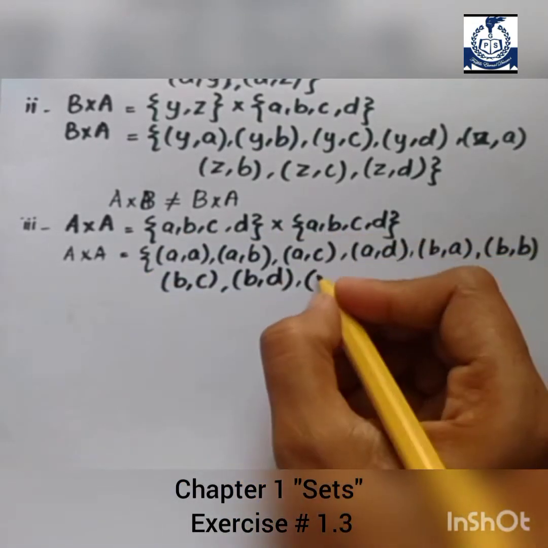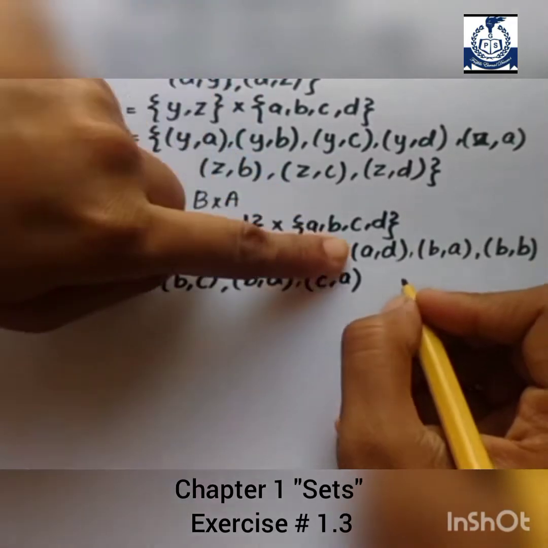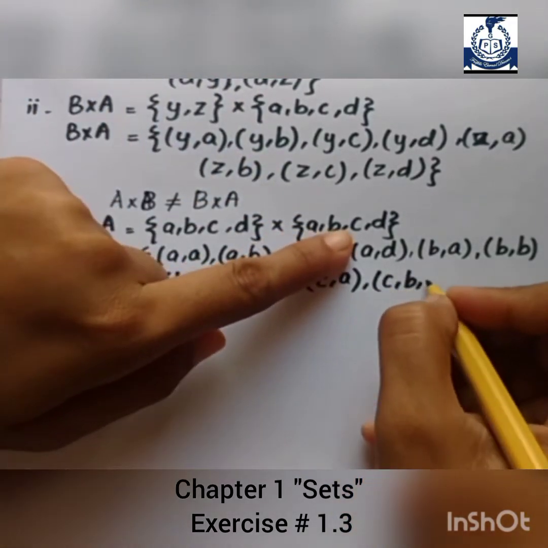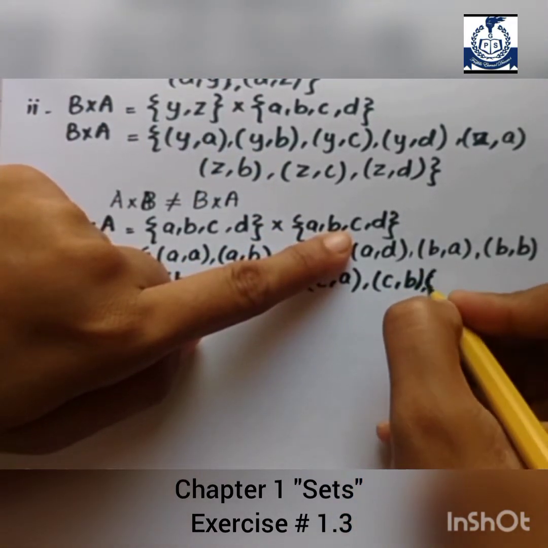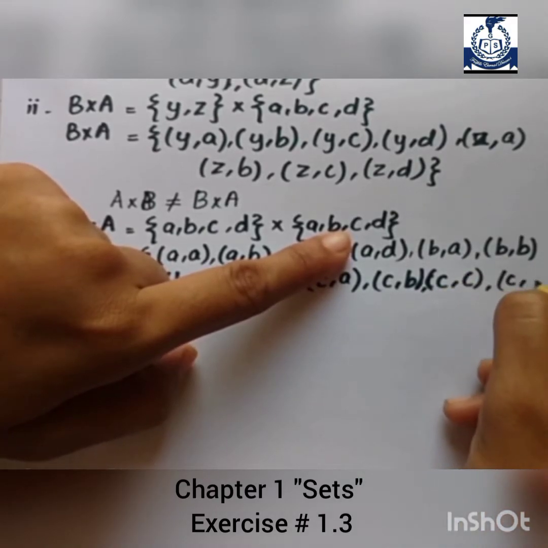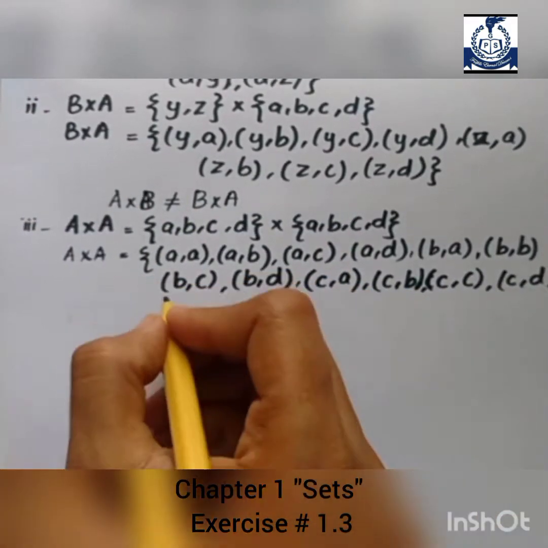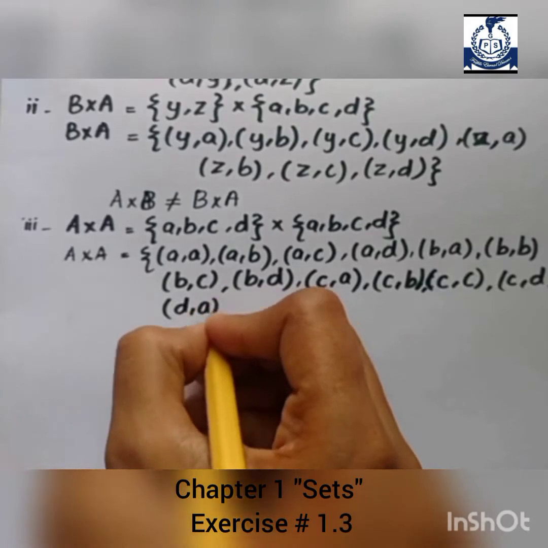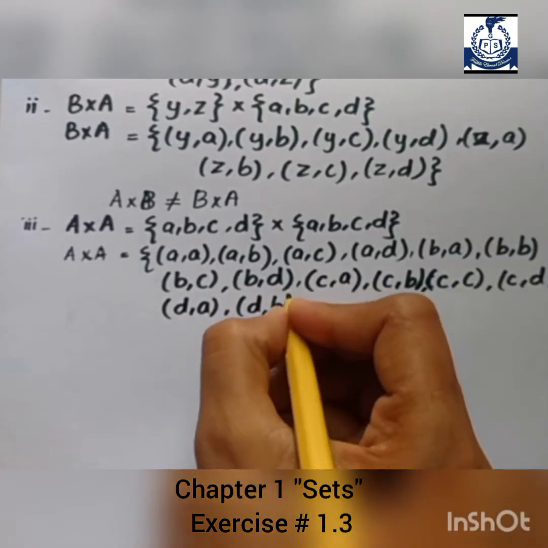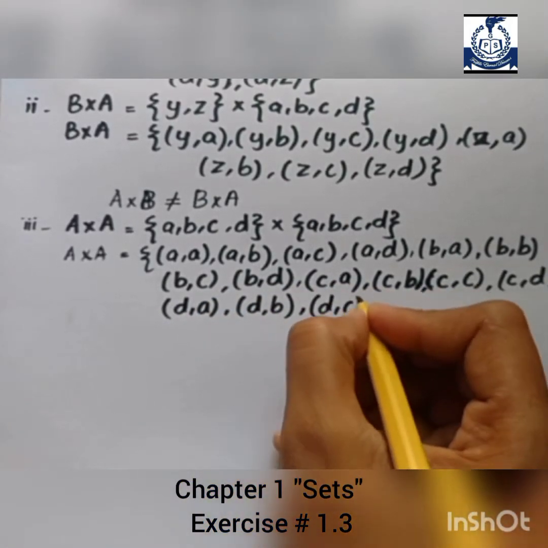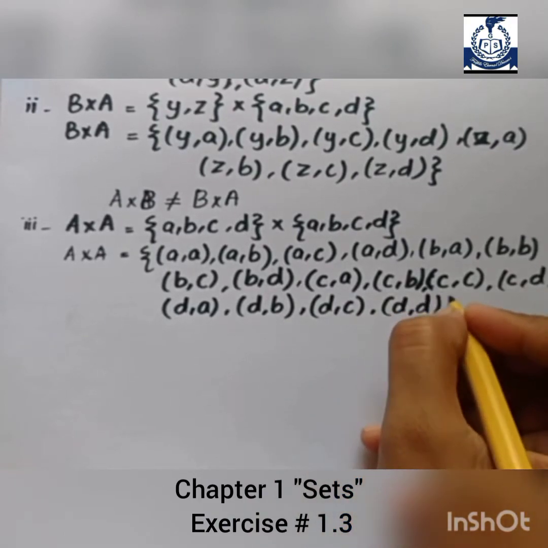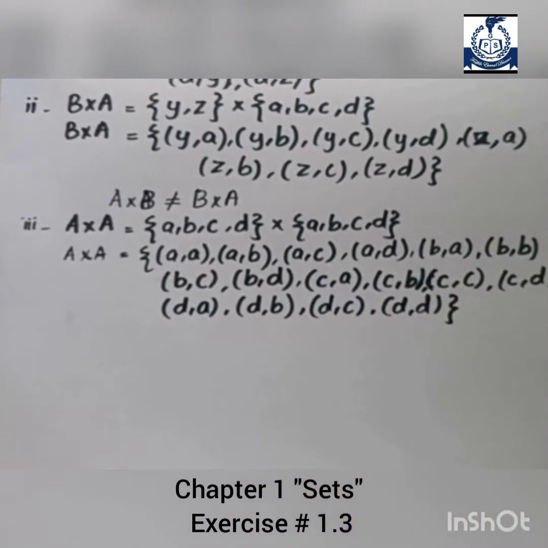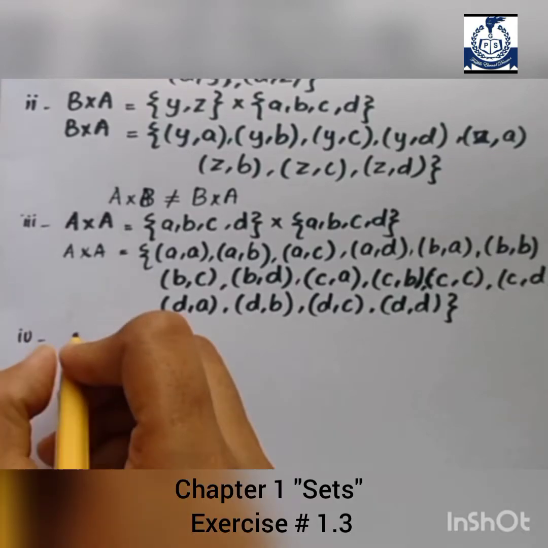Then we take c comma a, c comma b, c comma c, c comma d. Then we take d comma a, d comma b, d comma c, d comma d. So these are the elements of set A multiplied by A.